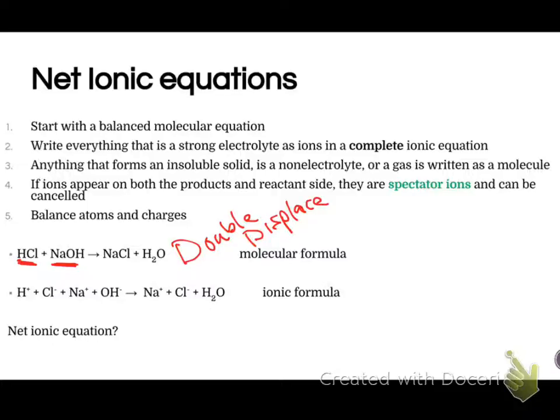So a double displacement is where we switch the cations in the reaction. The cation in HCl is H plus, and in the other compound, sodium hydroxide, it's Na plus. So what we're going to do is take the H and pair it with the rest of this hydroxide.